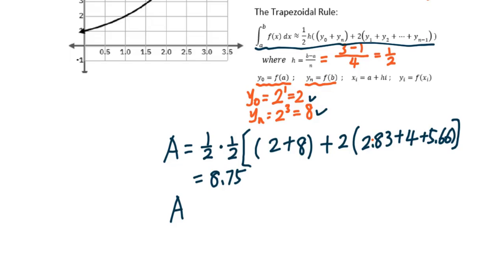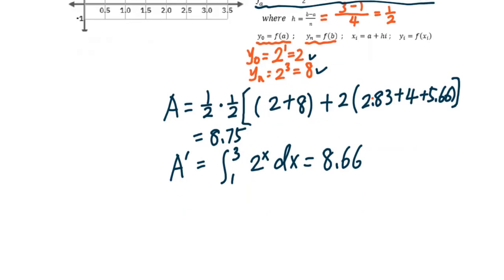You can compare to the exact value. We will do the area prime equals the definite integral from 1 to 3 of 2 to the x power dx. Your answer will be 8.66. You also can work out the percentage error.